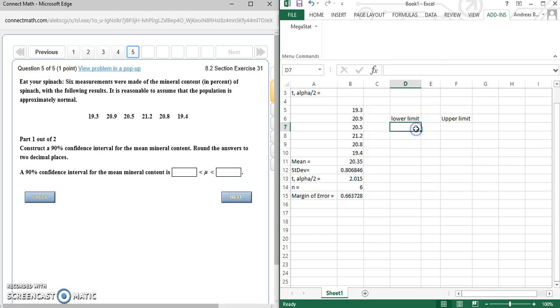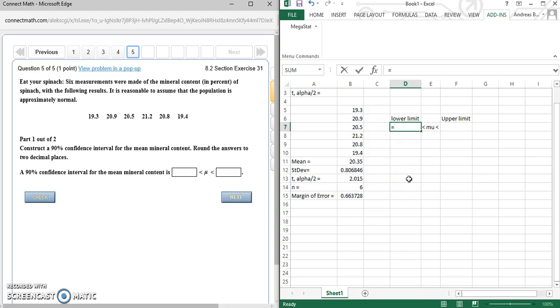So I got my margin of error to find my lower limit and my upper limit for my confidence interval, which will be the bounds for my actual population mean, or what we call mu. We take the margin of error, we subtract it from the mean.